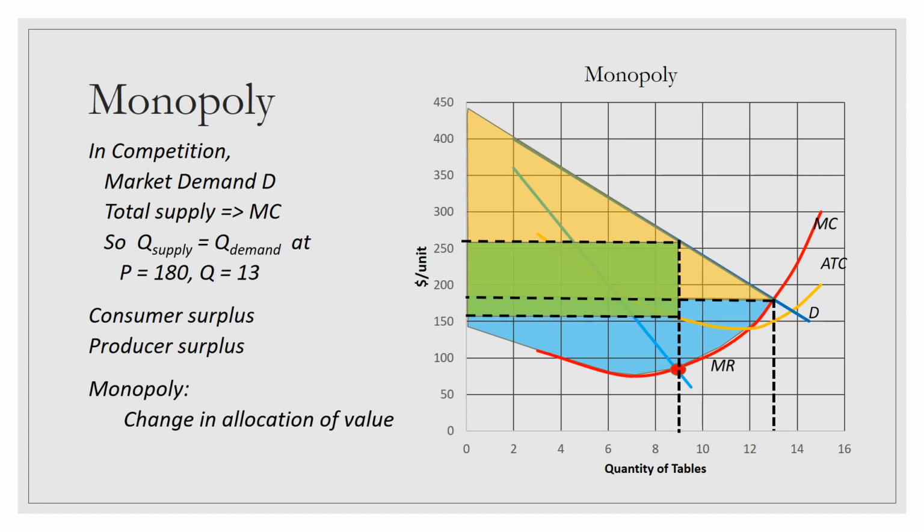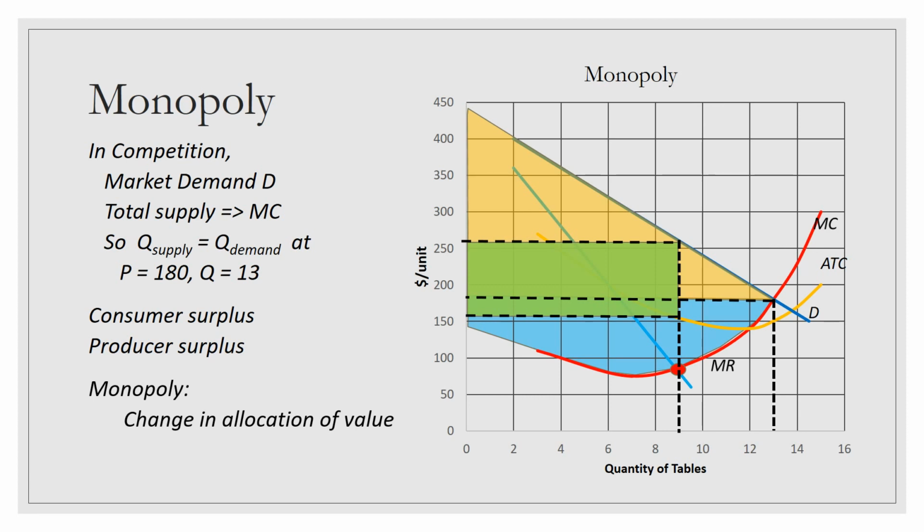So the consumers are paying a higher price, so the value received above the higher price means that their consumer surplus area is smaller. In fact, it's only the triangle above this green area. The green area used to, if we think of it maybe having been a competitive market and now has become a monopoly, this green area now goes to the producer.